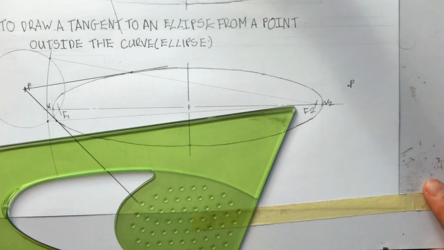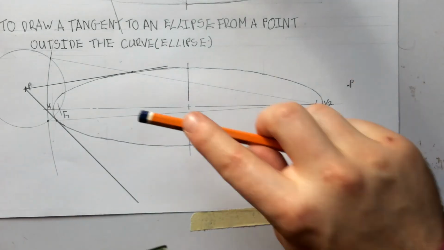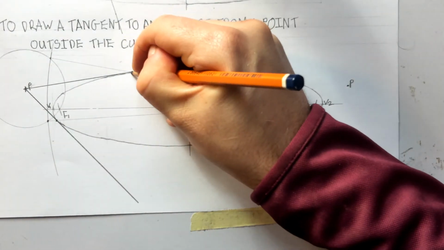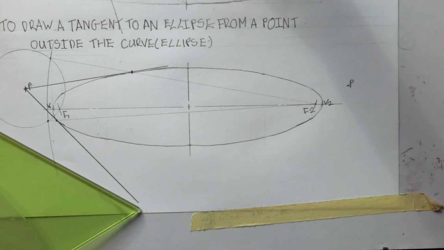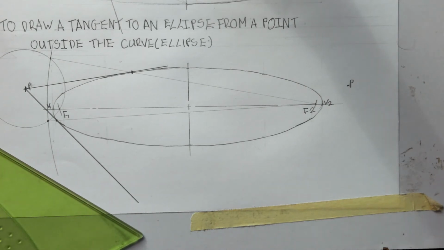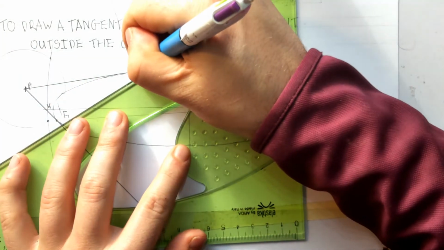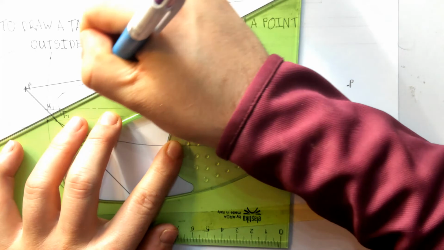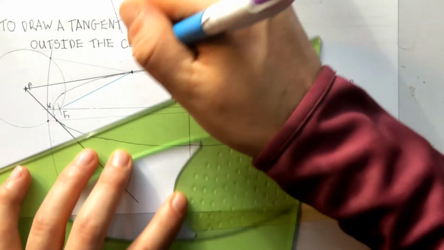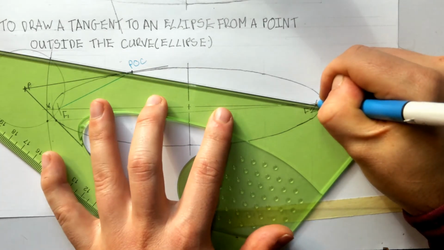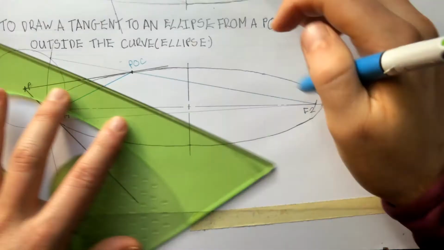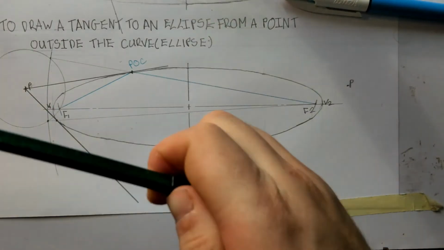So to prove the difference between these two, here's the point of contact here. I'm just going to do this in color, to show how if given the point of contact, the first method would work. Look, F1 to the point of contact. There might be a little bit of inaccuracy here.